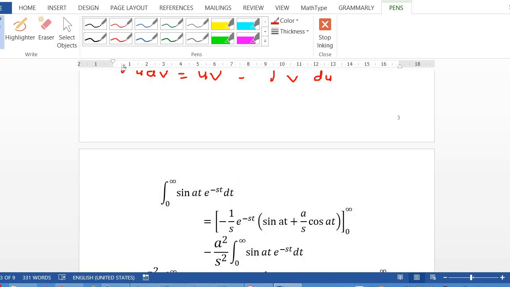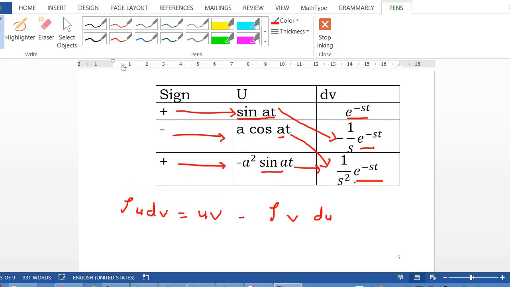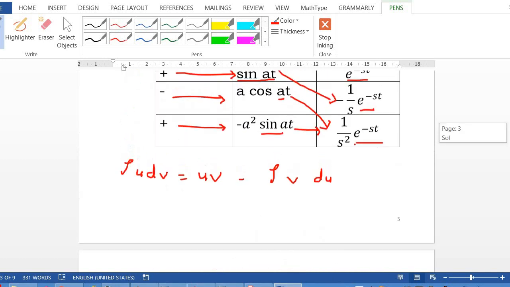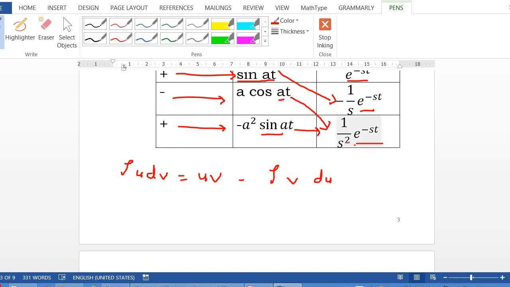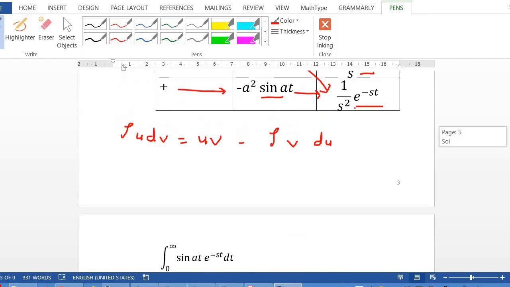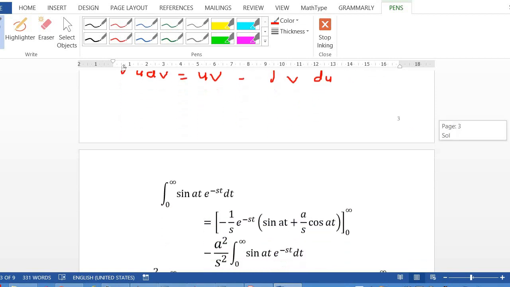The first term is the slanting arrow: negative 1 over s sin at e to the negative st. The second term is the second slanting arrow: negative a over s squared e to the negative st cos at. And the horizontal row here is minus the integral of a squared over s squared sin at e to the negative st.